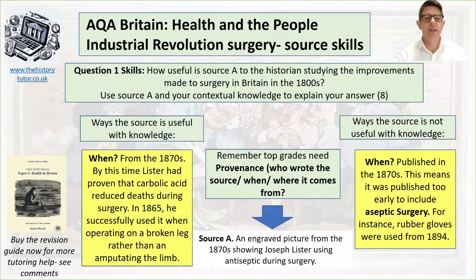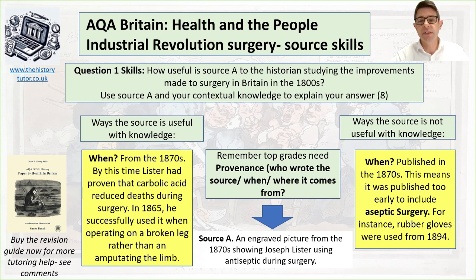Okay, so here's my ideas. So when, we know. Okay, so it's from the 1870s. So by this time, Lister had proven that carbolic acid reduced deaths from surgery in 1865. He successfully used it when operating on a broken leg. And also we know his stats from 1867 to 1870 that reduced from roughly 50% down to 15% death rates due to infection. So we got another idea of when.